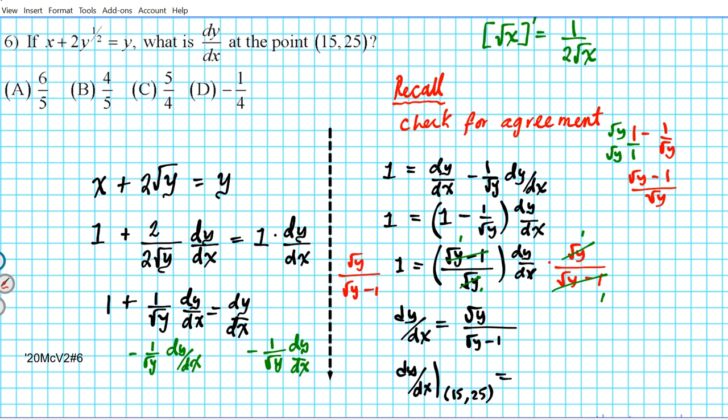So it's going to become root 25 divided by root 25 minus 1, which is 5 over 5 minus 1, which is 4. The answer to question number 6 is 5 over 4, option letter C.